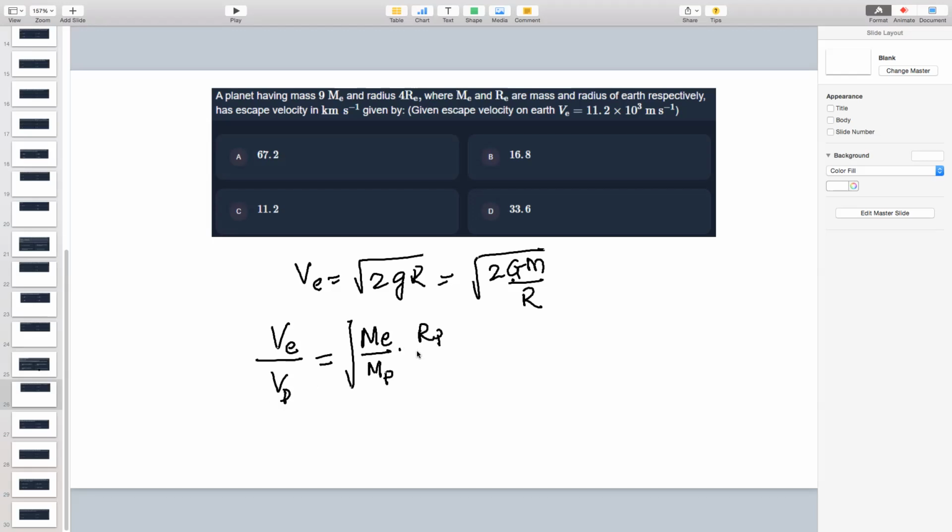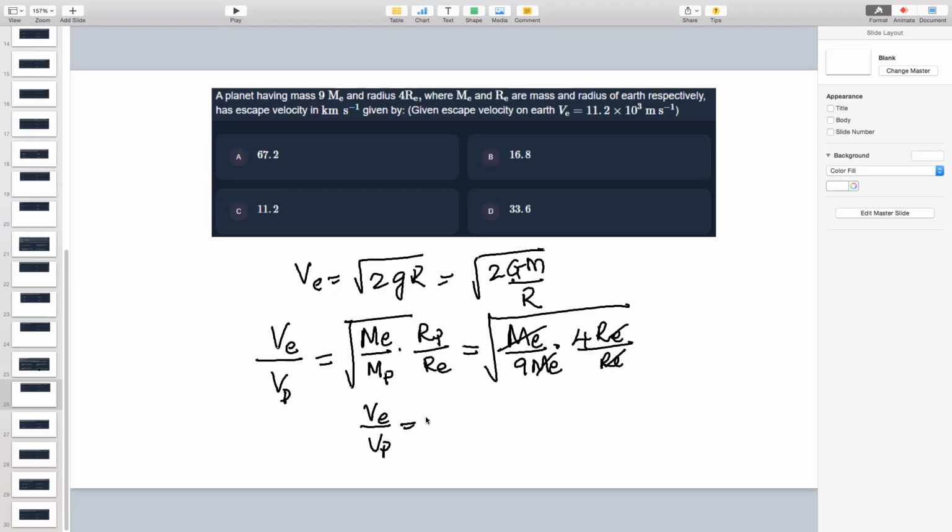Now in our problem it is given the mass of the planet is 9 M_E and the radius of the planet is 4 R_E. Yes, and square root. M_E, R_E gets cancelled. Then V_E by V_P, this is equal to root of 4 by 9. This is 2 by 3.